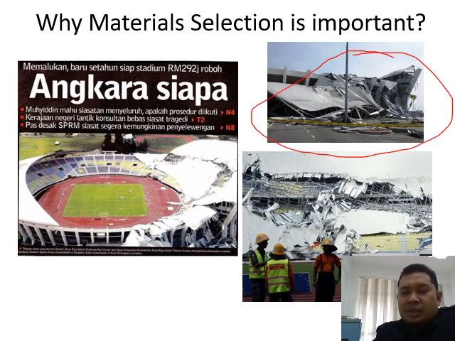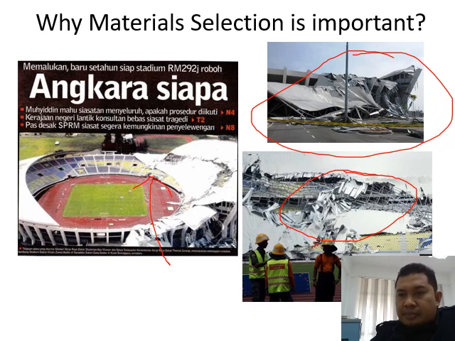I'm not sure what kind of material they used, but they actually changed to a cheaper material with low mechanical strength, obviously, so that you can have this catastrophic failure. The stadium design was very perfect, but if you choose the worst material for it, then it will crumble easily.